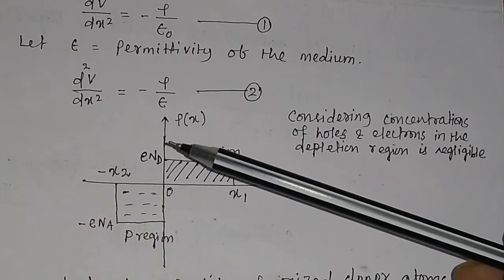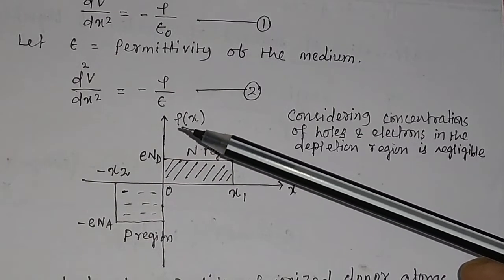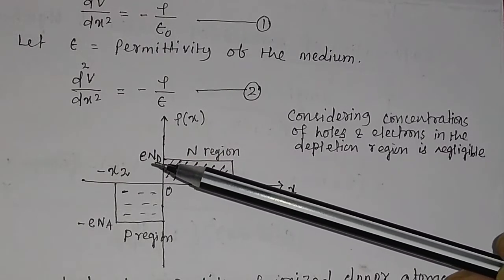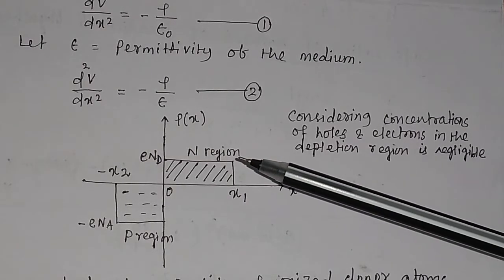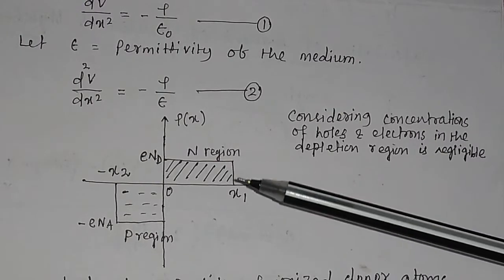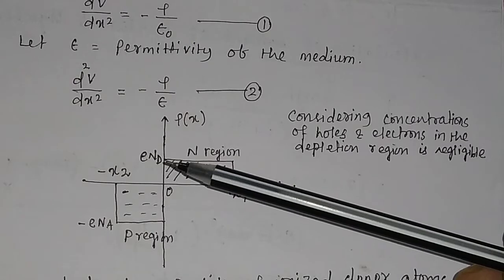And on the y-axis we have taken the volume density of charge. If e is the electronic charge, and I have taken here Nd as the density of ionized donor atoms which extends to x1, then this is e into Nd.